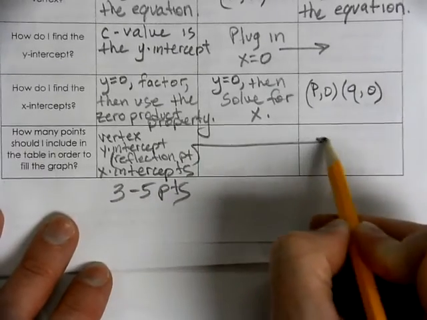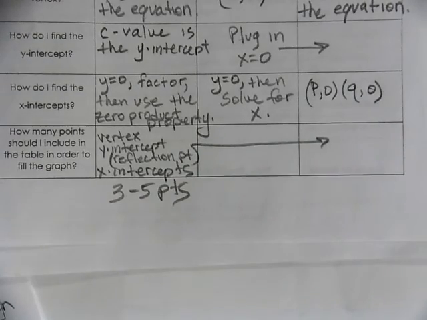And for the most part, that's all the same all the way through. You're going to find a vertex. You're going to find a point. Maybe it's the y-intercept. You're going to reflect it. And you could find another point. Maybe they're the intercepts, maybe they're just a third point, and reflect that. Good job.